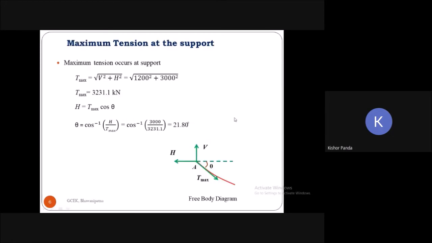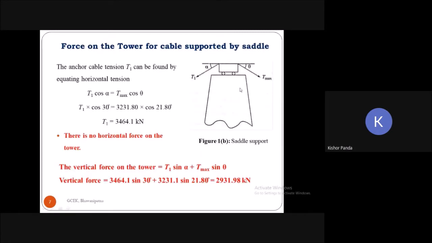This is the inclination of the cable with the horizontal, theta. This is Tmax, the tension in the cable, and this is the angle with the horizontal. And this is supported and this is the anchor cable. The angle of the anchor cable is given, this is alpha. Alpha is equal to 30 degree.